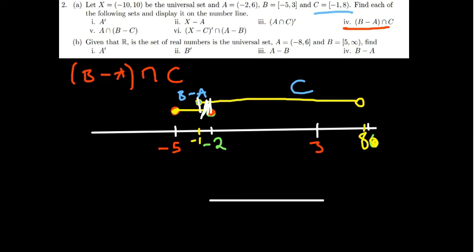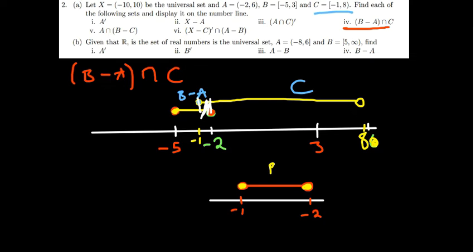What's the expected result there? So it's from -1 all the way up to -2.